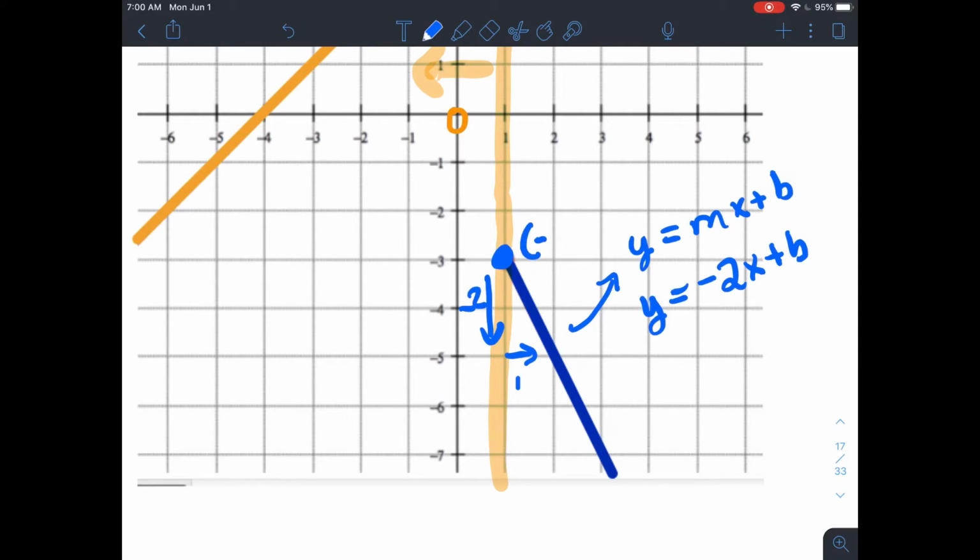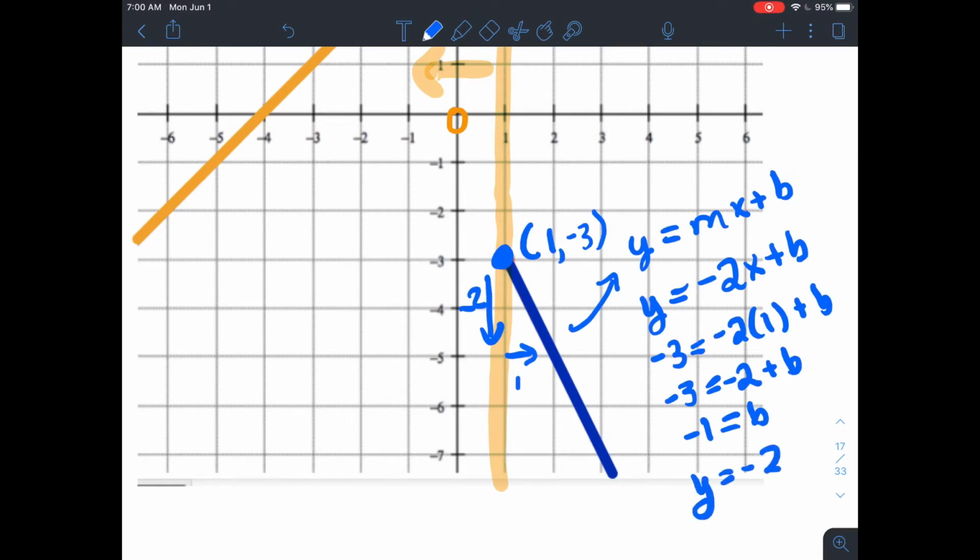A point that is on my line is the point 1, -3. If I want my y-intercept, I could plug in that x and y value and then solve to get my y-intercept. It's not the only way to do it, but that will always work. So my y-intercept is -1.